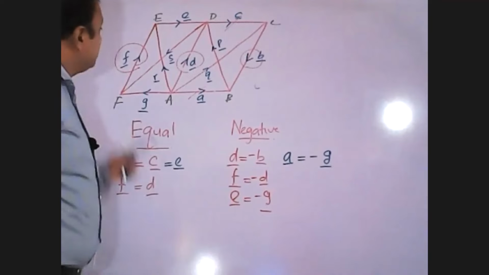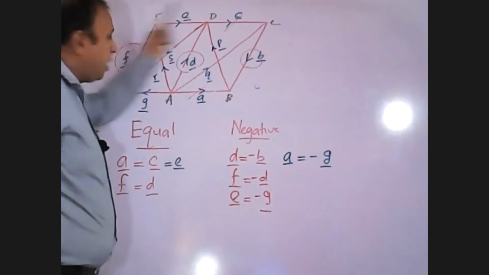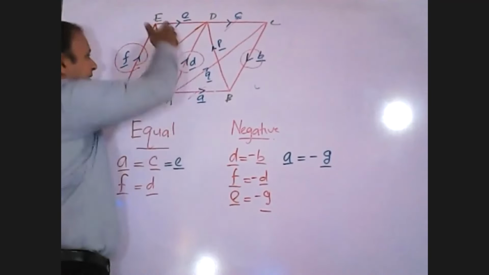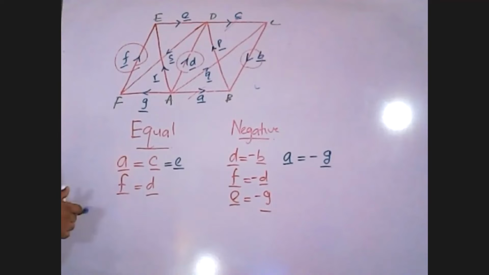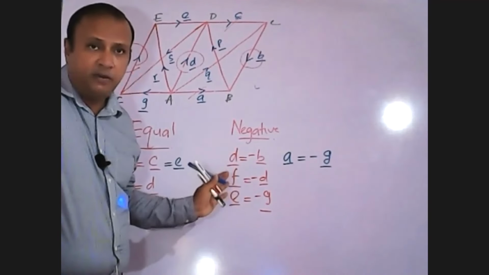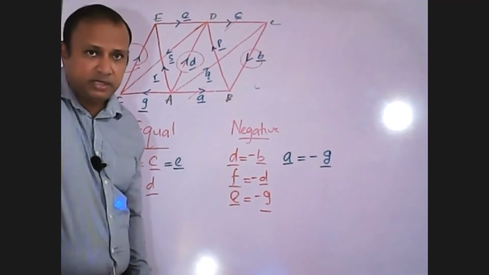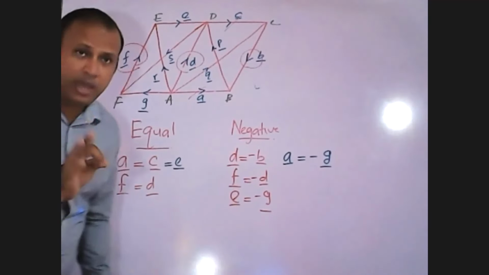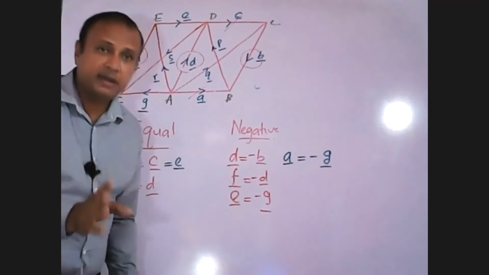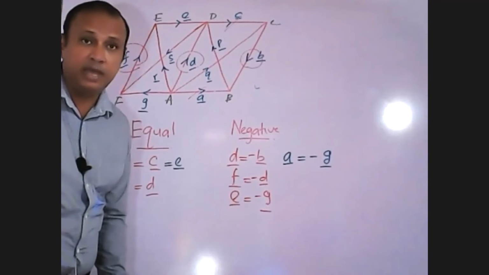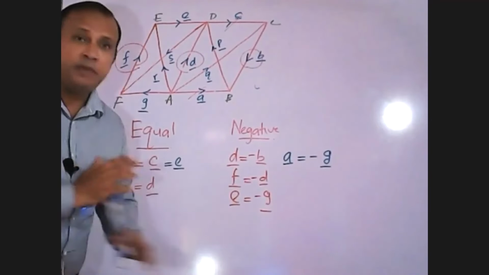Now I have considered all the outer sides of the parallelograms. Now I can go to the inner sides. Do you understand what I did here, everyone? Yes. Thank you. The only thing you have to consider is the parallel vectors.